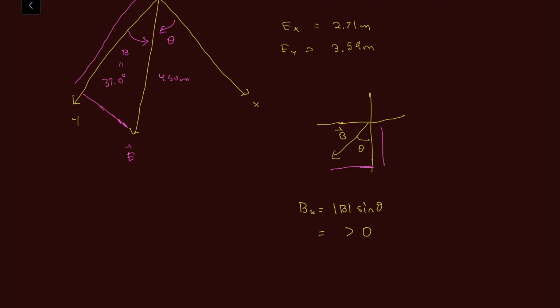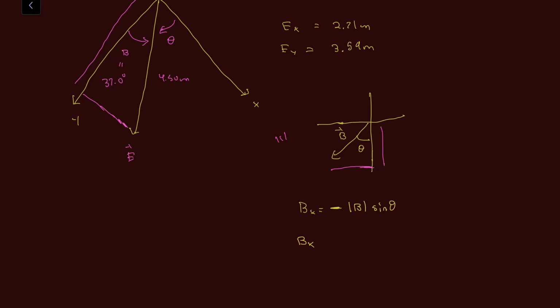Now, this is troublesome because I know that since this vector is in the third quadrant, Bx is actually less than 0. I know that just visually. So, in my method of solving problems, what I always need to keep in mind is to put this negative sign here. I need to do that because of the way that I like to solve problems.